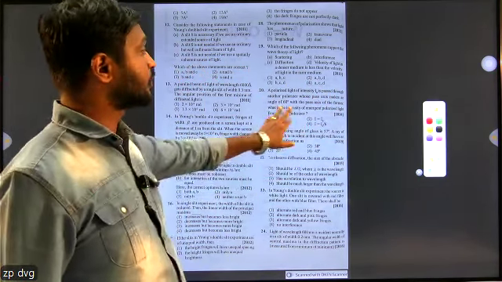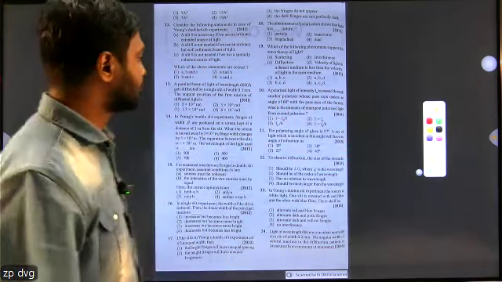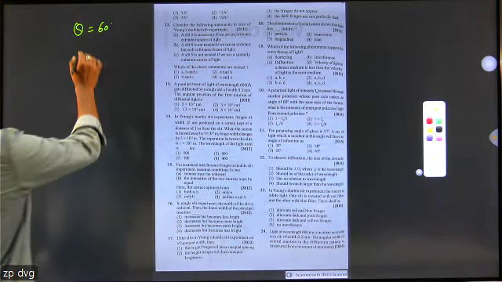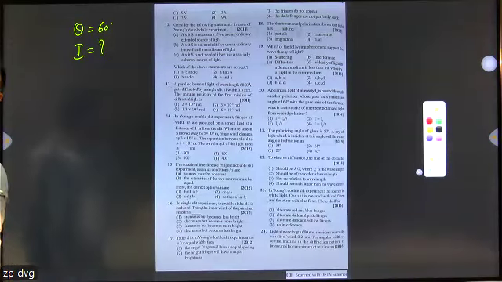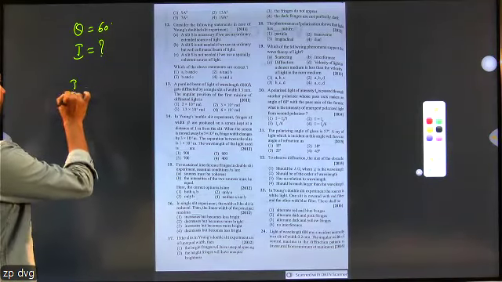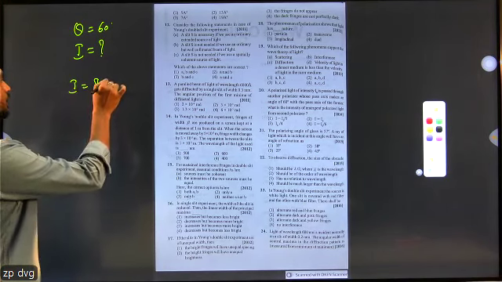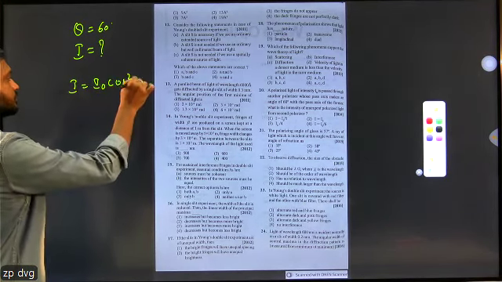What is the intensity of the emergent polarized light from the second polarizer? Same formula as Malus law, that is I equals I naught cos square theta.